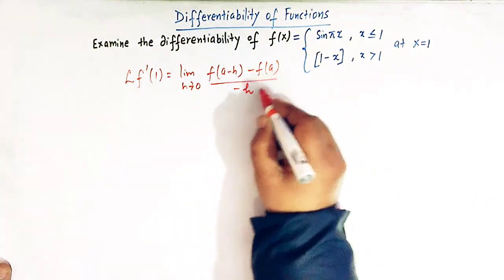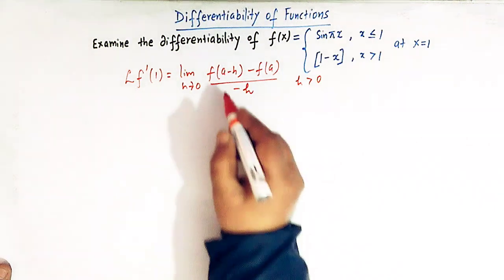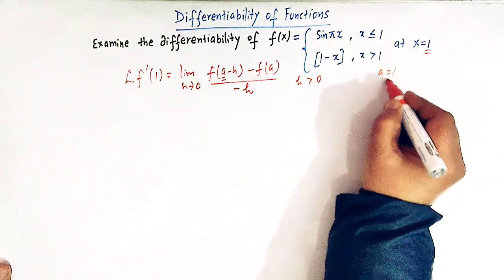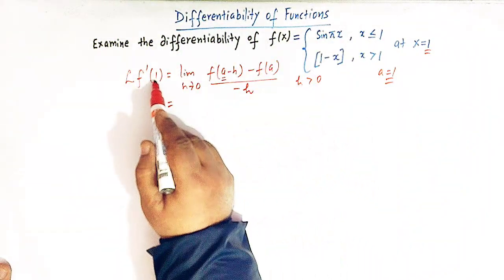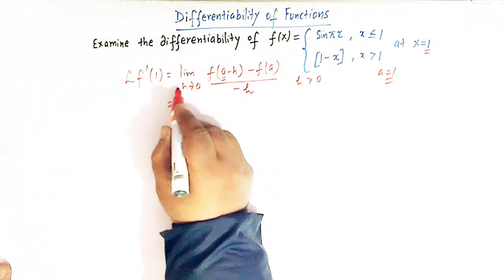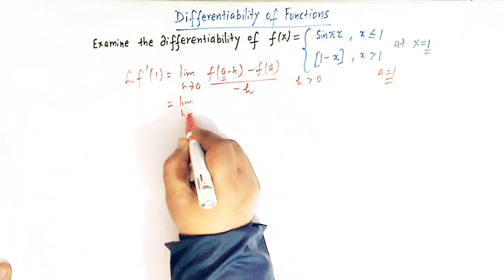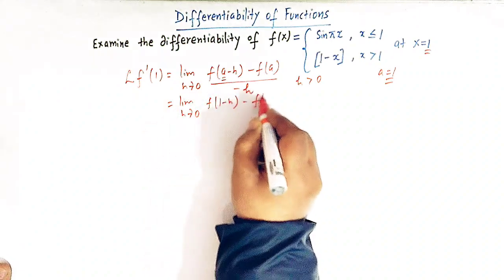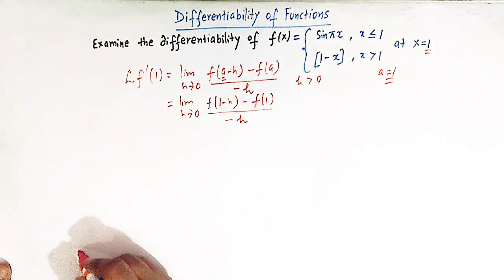And h is a positive quantity and it is greater than 0, and here this point a is equal to 1, right? So the left hand derivative of this function at a equal to 1 is given by this limit. So we have limit h tends to 0 of f of 1 minus h minus f of 1 divided by minus h, right?